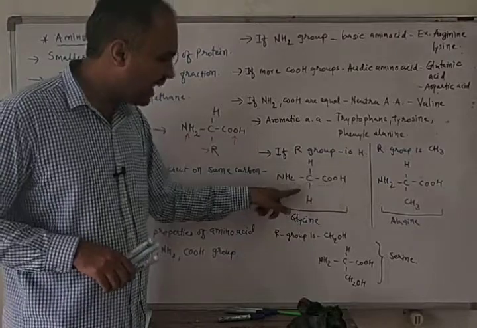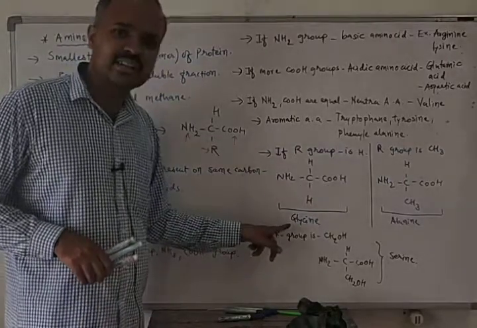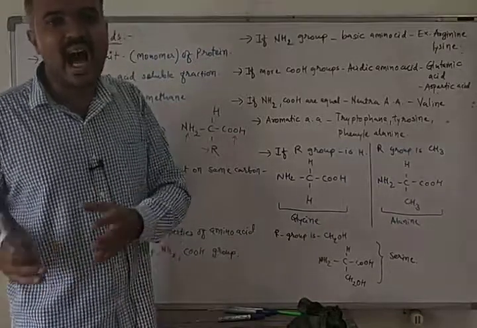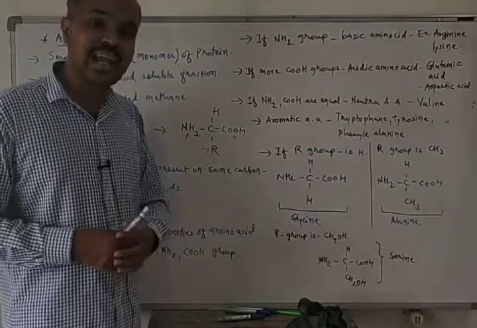These three things are the same, but here hydrogen is there. Then this amino acid is known as glycine, because hydrogen is present as the R group.